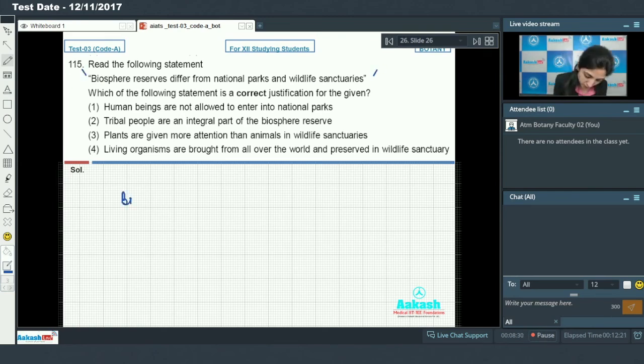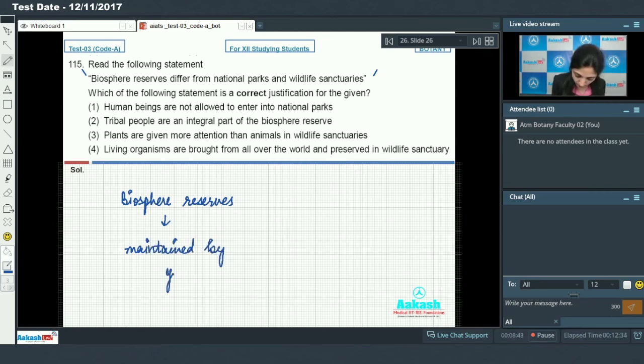Okay, biosphere reserves are areas maintained by government. Talking about national parks, they are the protected areas where tribal people are an integral component of the system. National parks, here tribal people are important.